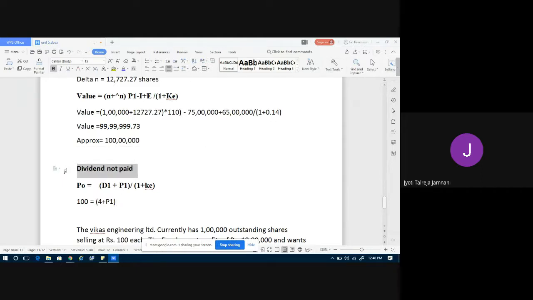When dividend is not paid, dividend will be zero. The company is not willing to pay any dividend. So 100 is equal to 0 plus P1, divided by 1 plus 0.14. Taking this across, 100 into 1.14 equals 0 plus P1.